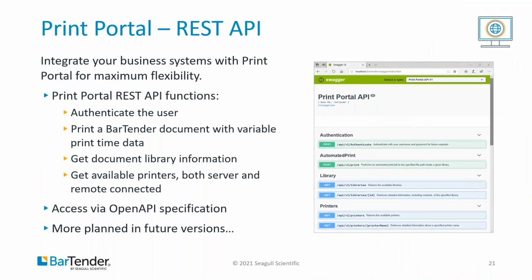So Print Portal is the web application from the Enterprise edition of BarTender. And Print Portal is an interactive web app that allows a print operator to navigate to a web page, to select a document, and then to print that document in a very interactive fashion.